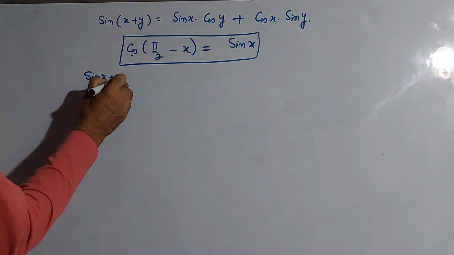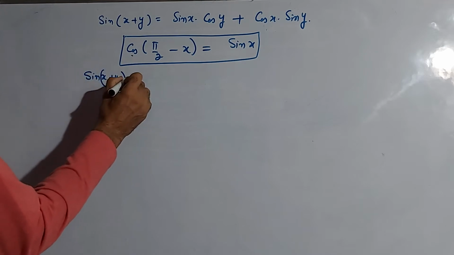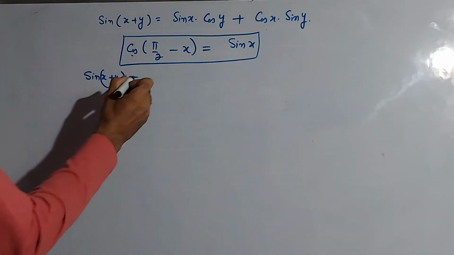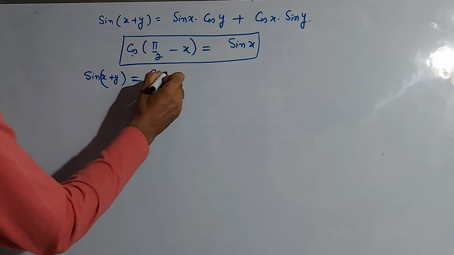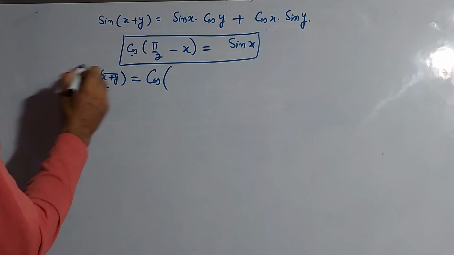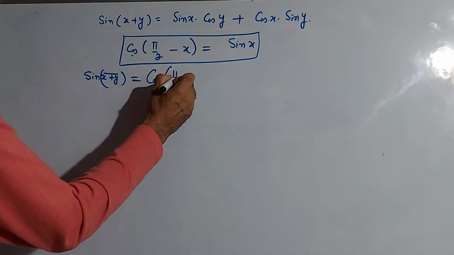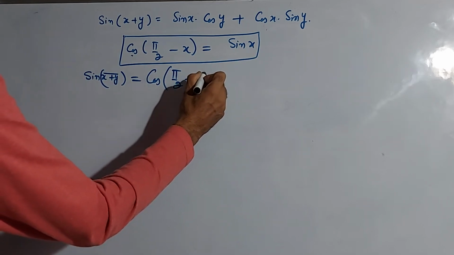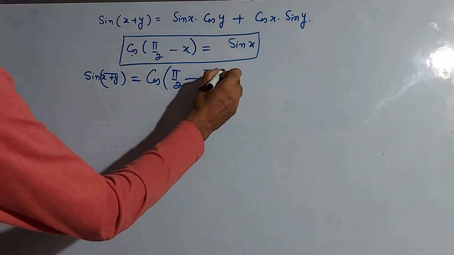Sine of x plus y is equal to, we will apply this. If we consider this as a whole x, so pi by 2 minus x plus y.